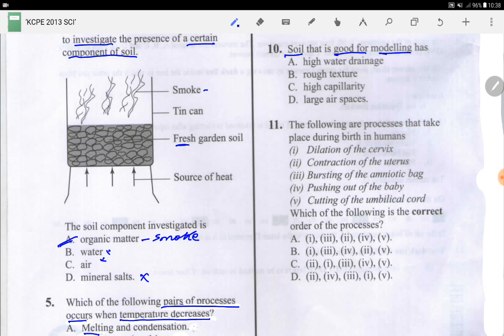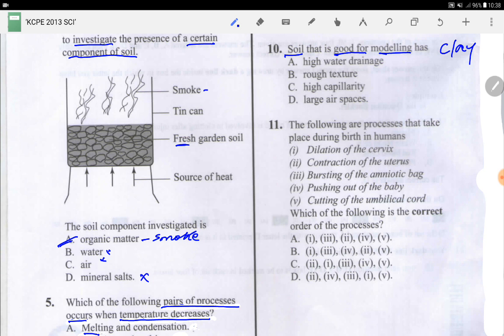This will make me realize that the soil which is good for modeling is clay soil. And now once I know that this soil is clay, the next thing I will do will be to look at the characteristics of clay soil. That's what is required in the choices.